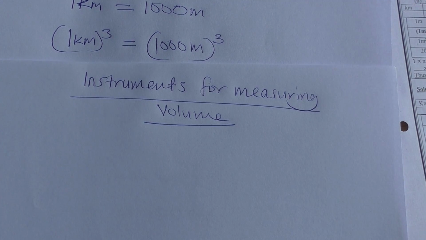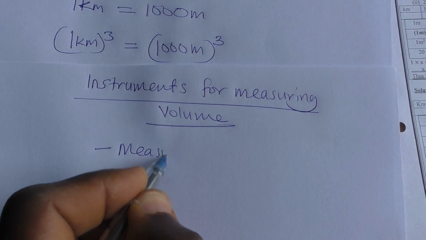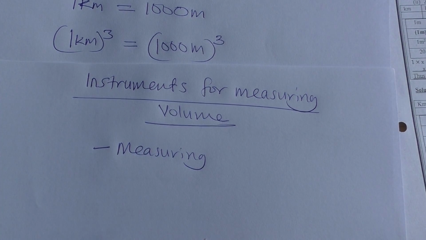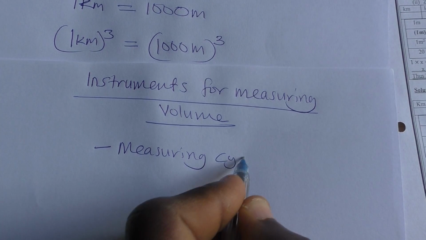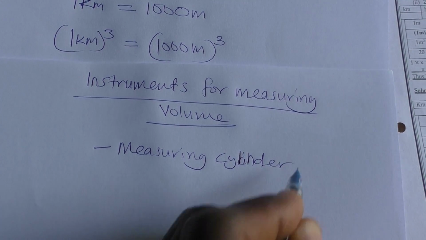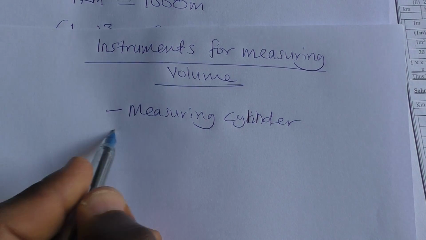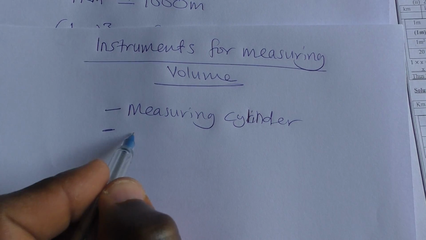Instruments for measuring volume, we can use a measuring cylinder. That one is the simplest because it is already calibrated. We can use a burette.